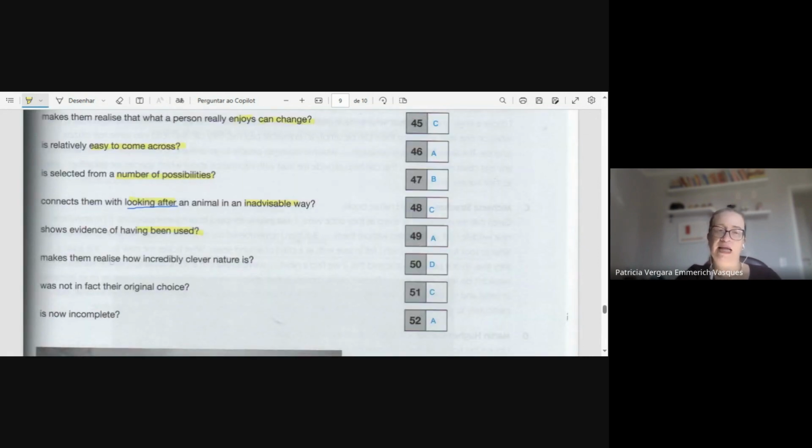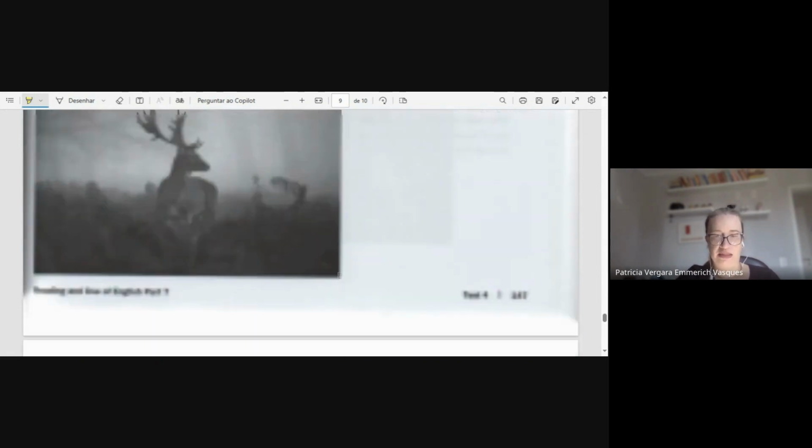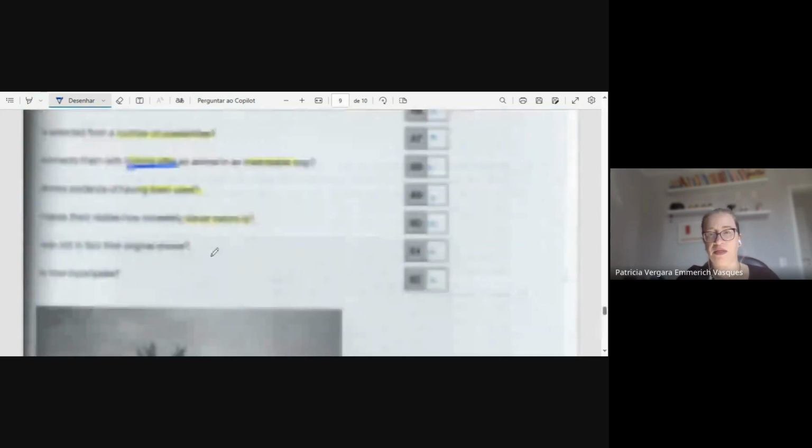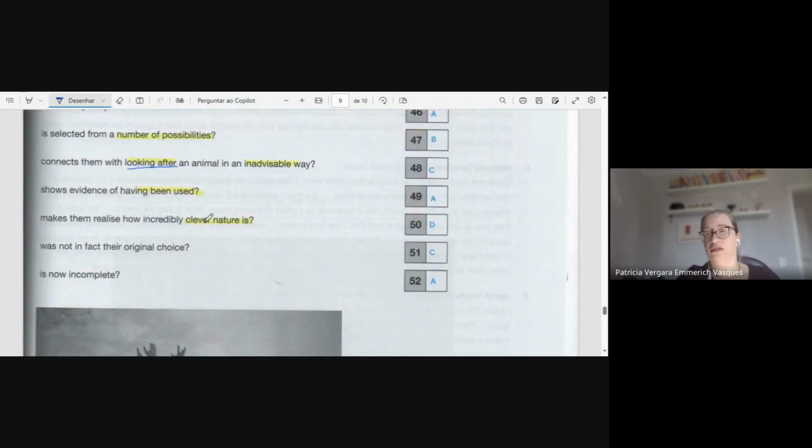Then makes them realize how incredibly clever nature is. Number 50 is letter D. So let's go to letter D here. They say, both about what makes a mammal and about nature's infinite inventiveness. Inventiveness is the same as 50 here, clever, intelligent. Okay?